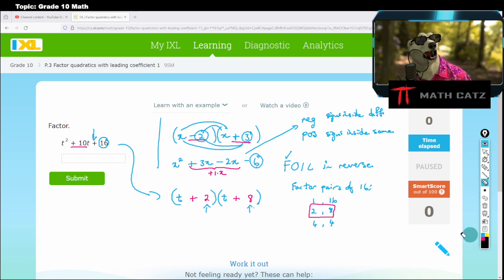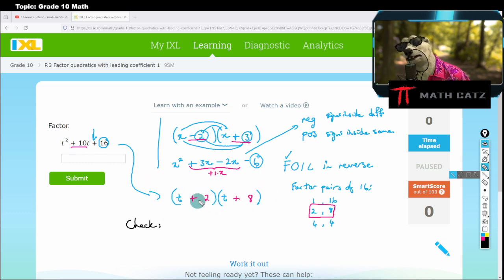Now, let's maybe check our answer. This is our best guess based on our experience. You can always check by foiling this out, forgetting what the answer should be. What is the answer that I get from this?